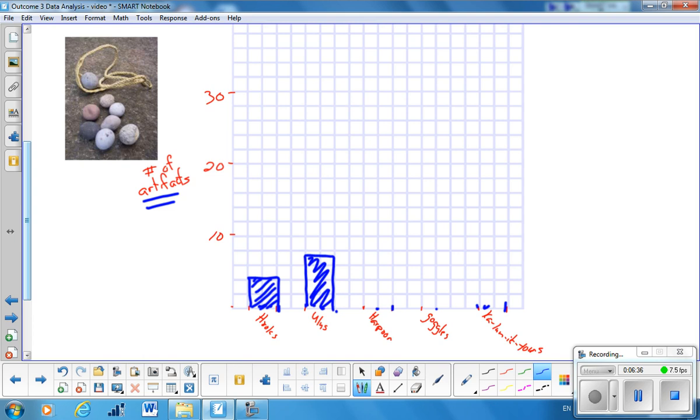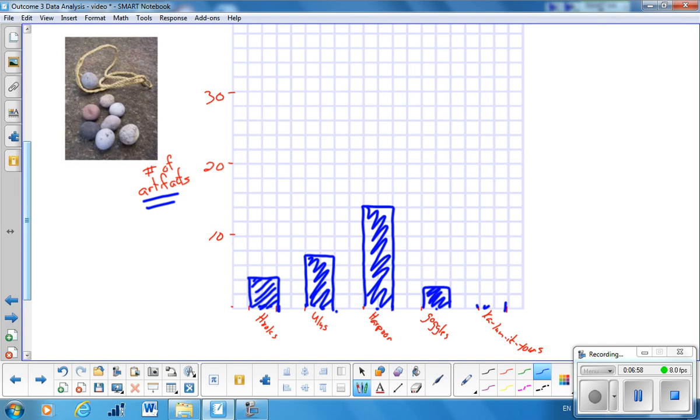Harpoons were 14, so 2, 4, 6, 8, 10, 12, 14, so 7 squares high for the harpoons. Goggles, there were only 3 goggles found, so a square and a half high for the goggles.